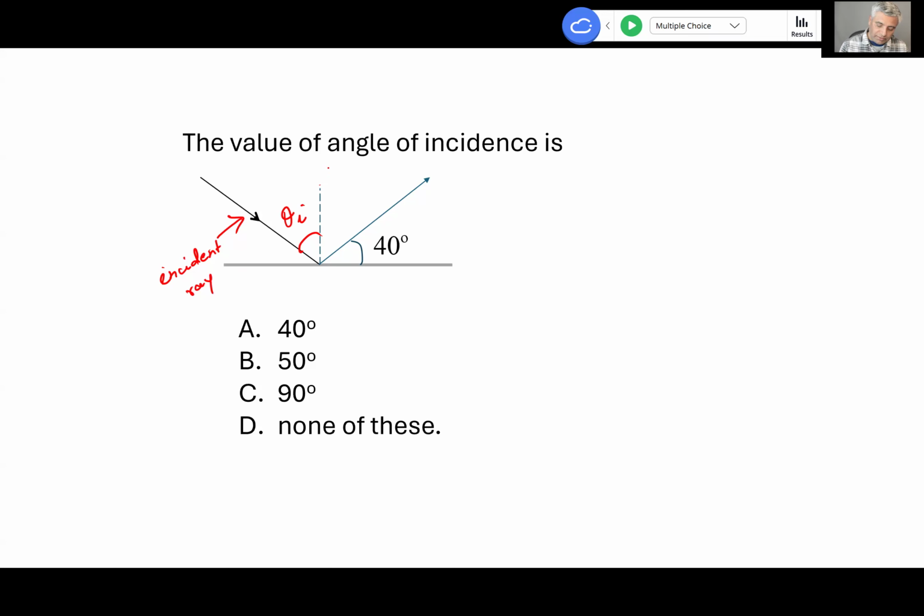And this is the normal. So the angle between the incident ray and the normal is called the angle of incidence. This angle 40 means this angle is 50. And according to the law of reflection, we know this angle and that angle are the same, which means B is the correct choice.